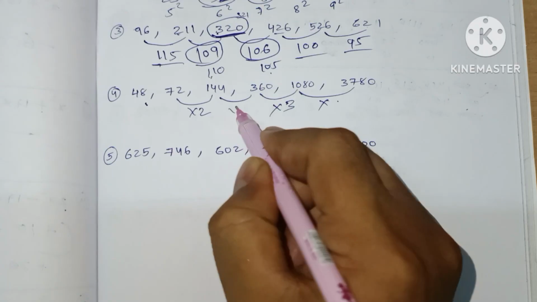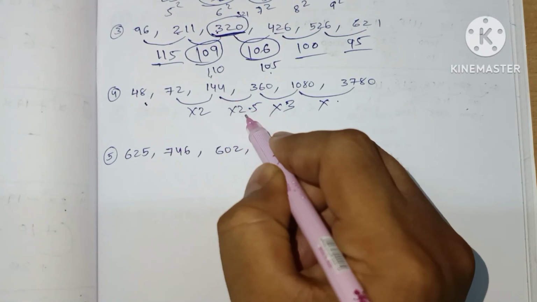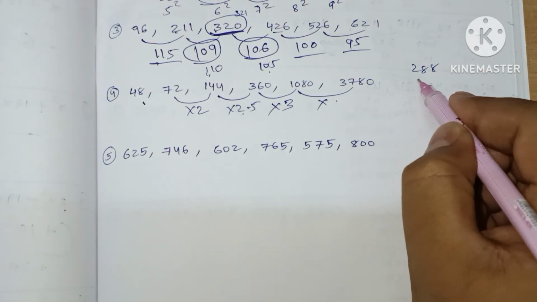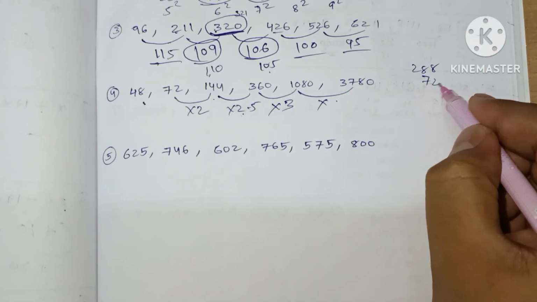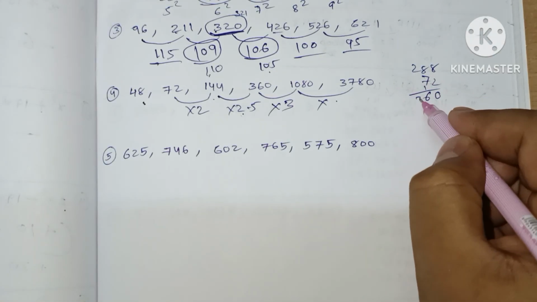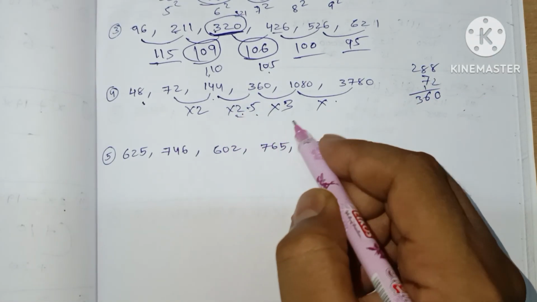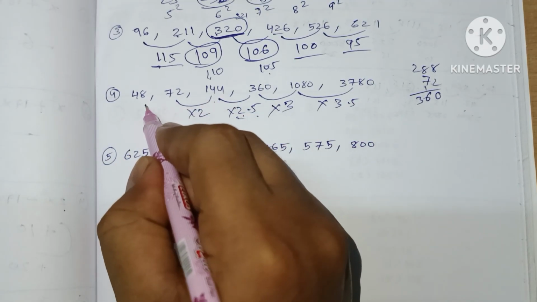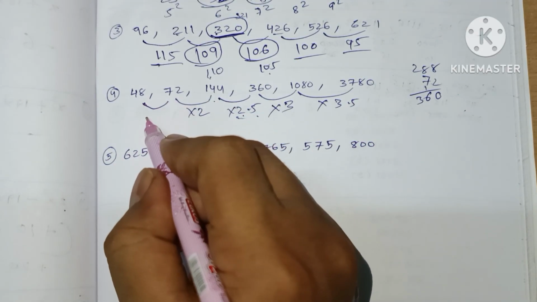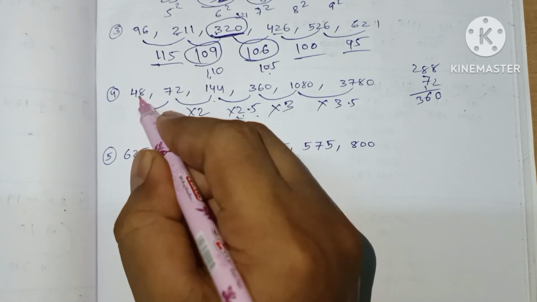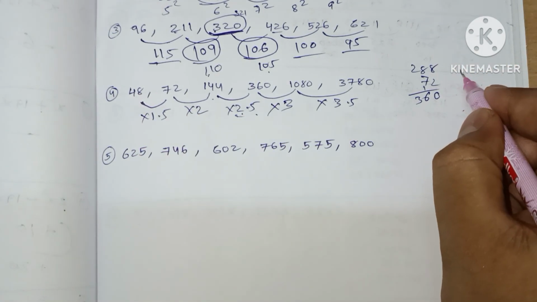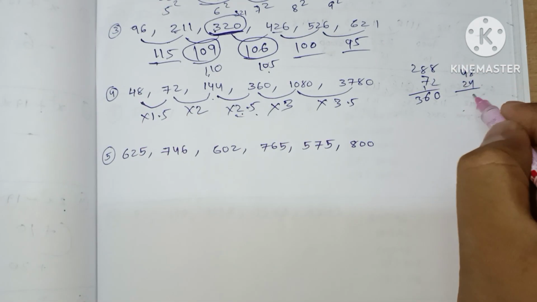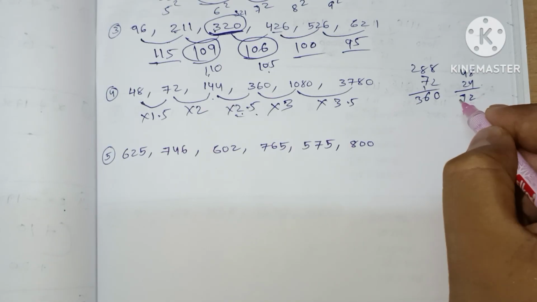Okay, so it must be into 2.5 times. 144 into 2 times will be 288, and half of 144 will be 72. 360. So into 2.5 times. So it must be into 3.5 times, and this must be into 1.5 times. 48 into 1.5 means 48 and 24, which will be 72.